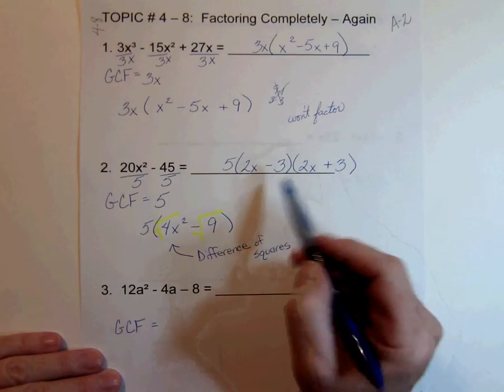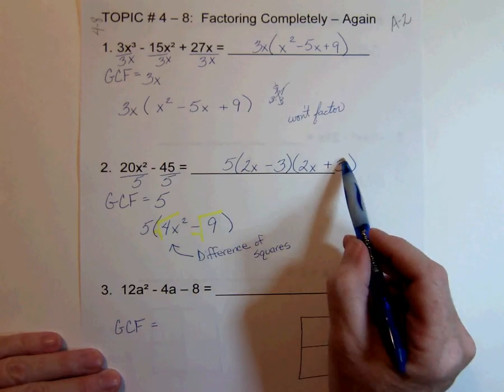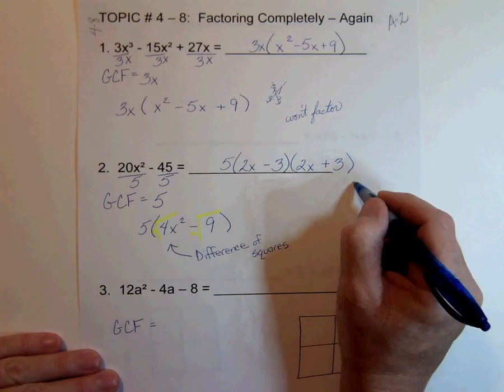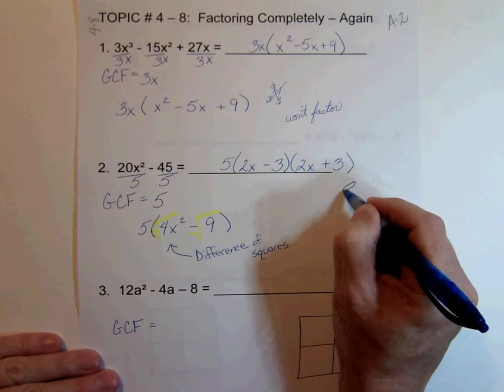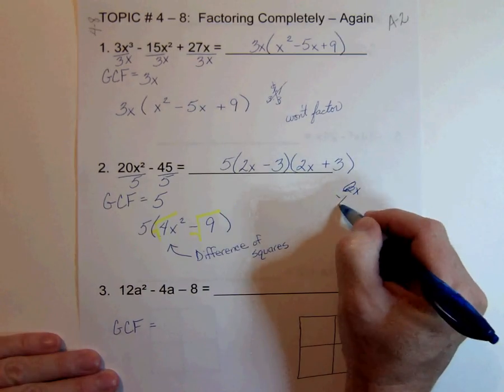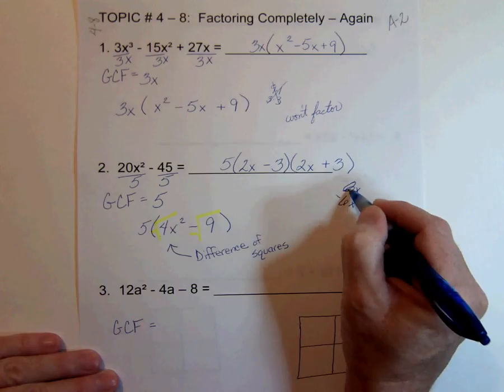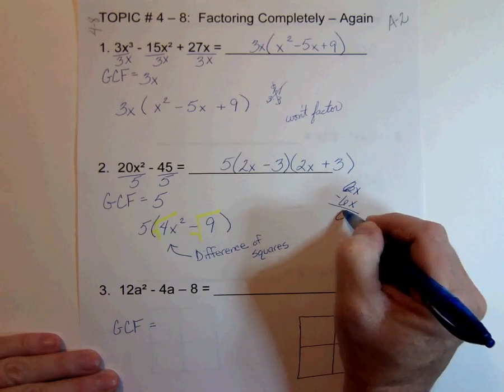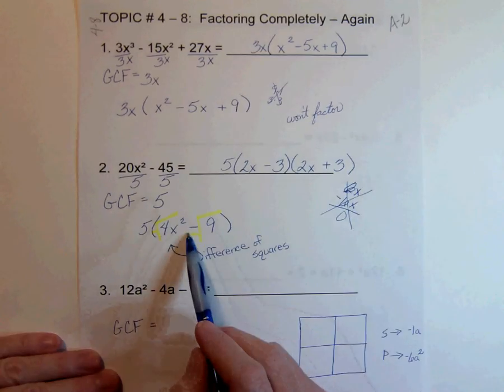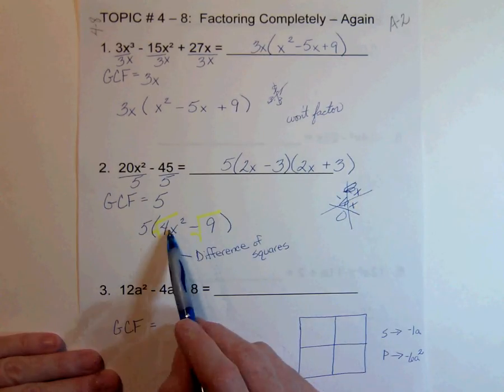If you need to review that, just think if you multiplied the outside two factors, you're going to get 6x. Then you multiply the two inside factors, you're going to get a negative 6x. Notice 6x and negative 6x give you 0, so they cancel out.